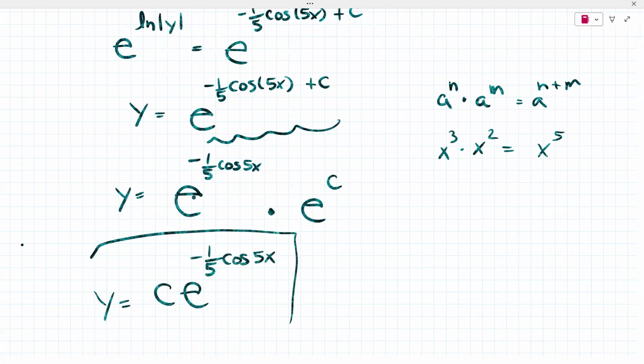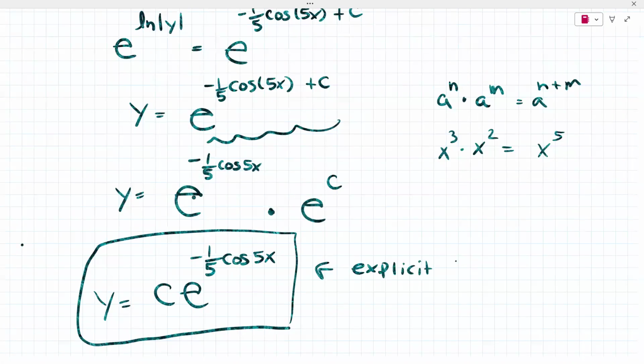So yeah, here is your explicit solution for a one parameter family.